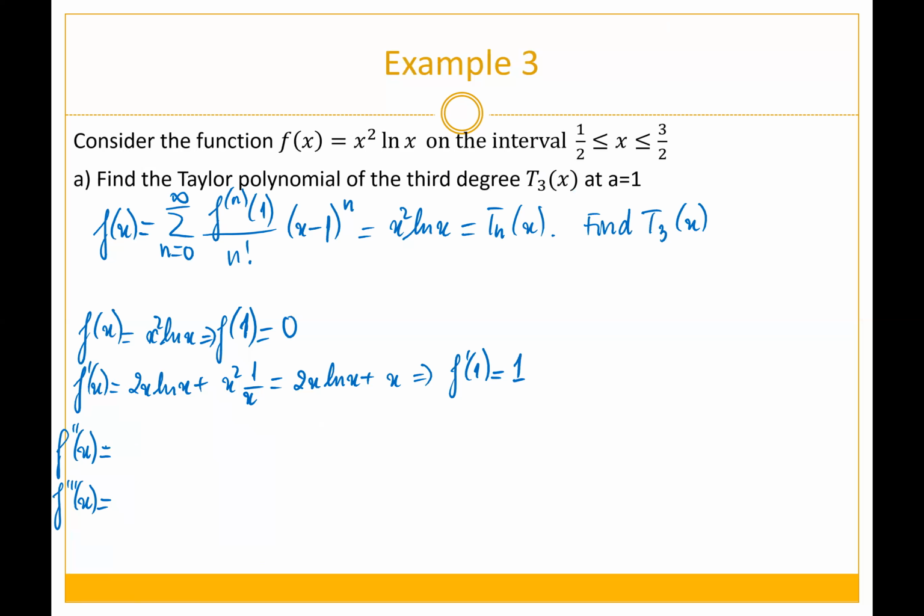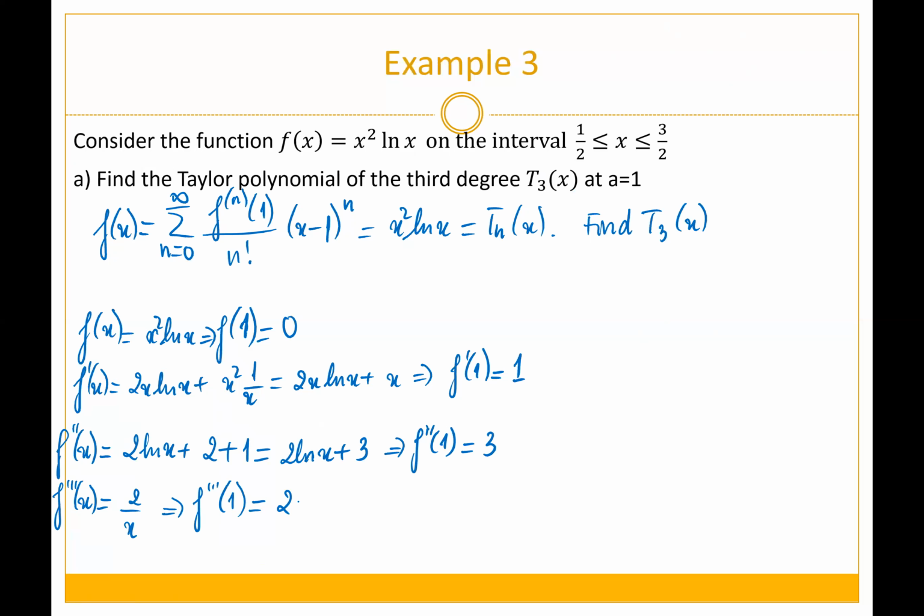Then you take the derivative again: 2 ln of x plus 2x times 1 over x, so it's just going to be 2 plus 1. So this is 2 ln of x plus 3, which gives us the second derivative at 1 is 3. And then finally you have 2 over x for the third derivative, so the third derivative of f at 1 is going to be 2.